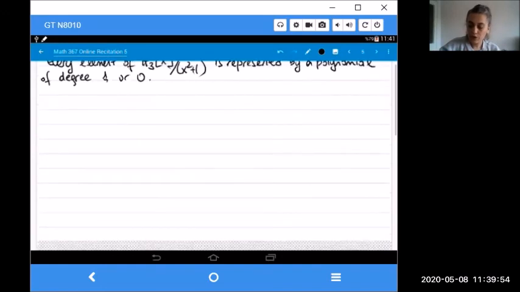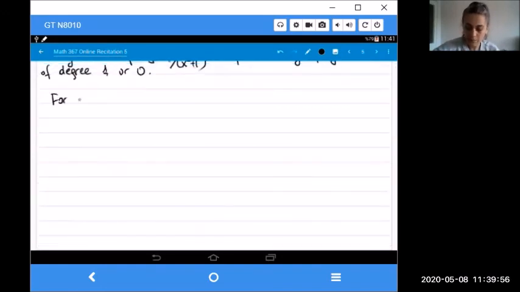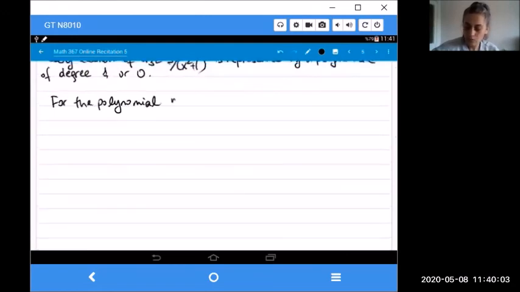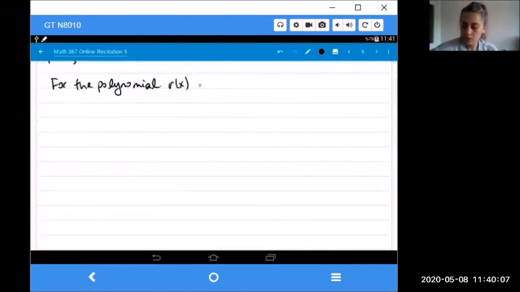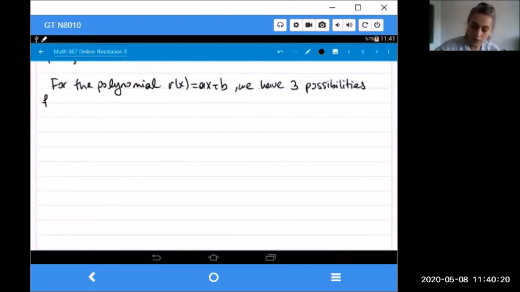For the polynomial r of x, which is equal to ax plus b, we have 3 possibilities for each of a and b.